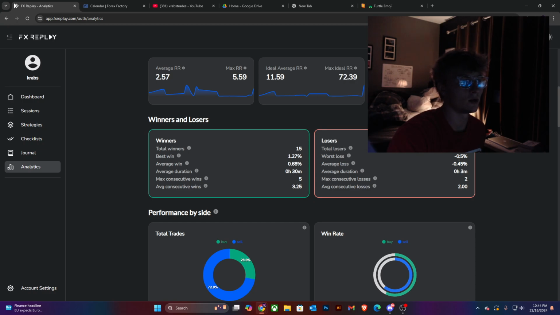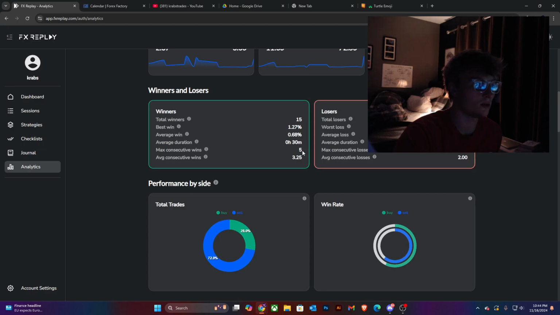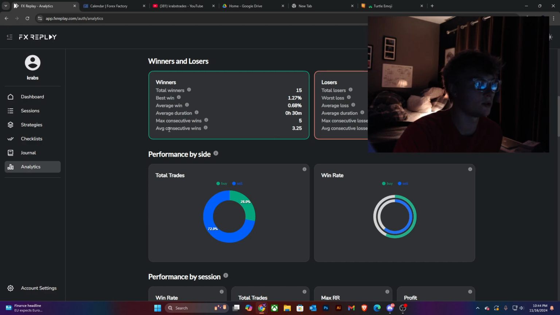You can see our RR here is nice. Worst loss is 0.5%, and our best win is double that, but average win is a little bit larger than average loss. Positive RR there. Max winning streak, 5 wins in a row. Max losses 2. Average consecutive wins 3. That's actually a pretty good stat.